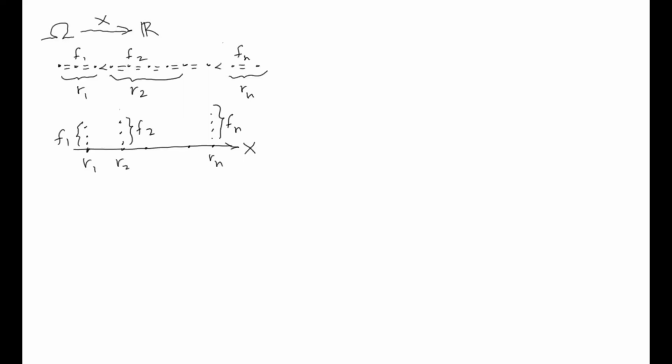For example, if you wanted to talk about the average value of this random sample, you could take F1 times R1 plus F2 times R2 and so forth, up to Fn times Rn. That calculation is actually just adding together all of the values in the original list, with their repetitions indicated by the frequencies f.